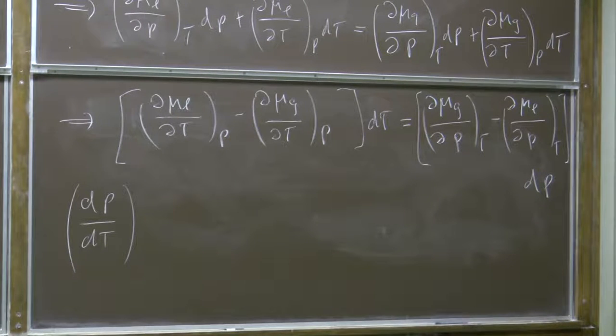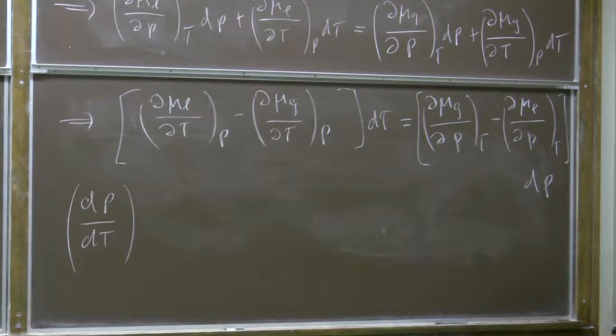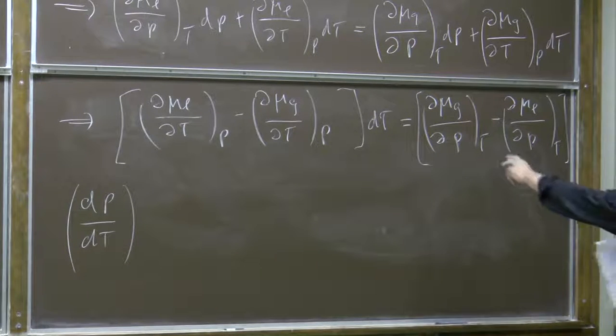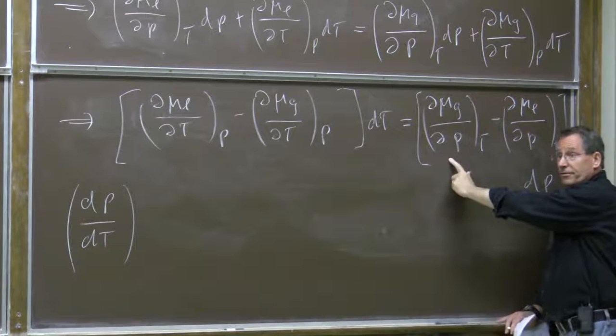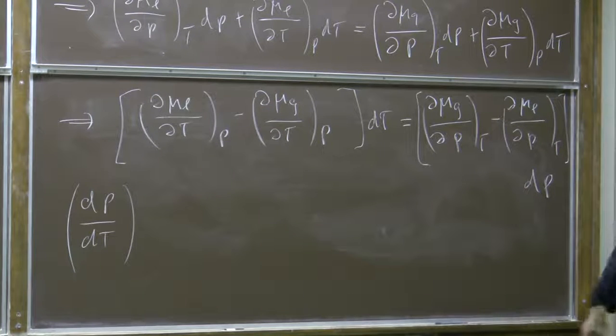Yeah? Wait, if u sub L is always equal to u sub g, well, if u sub L is equal to u sub g at that point, then aren't both sides 0? Well, these are the derivatives, right? So the derivatives aren't necessarily equal. Like the derivative of the sum is the sum of the derivatives, so that's d tau of u_L minus u_g.